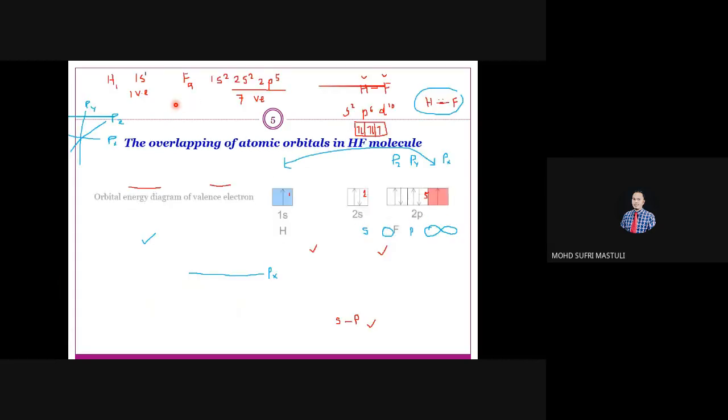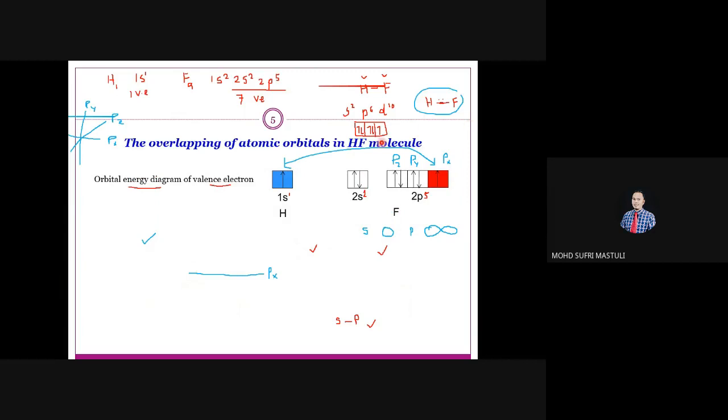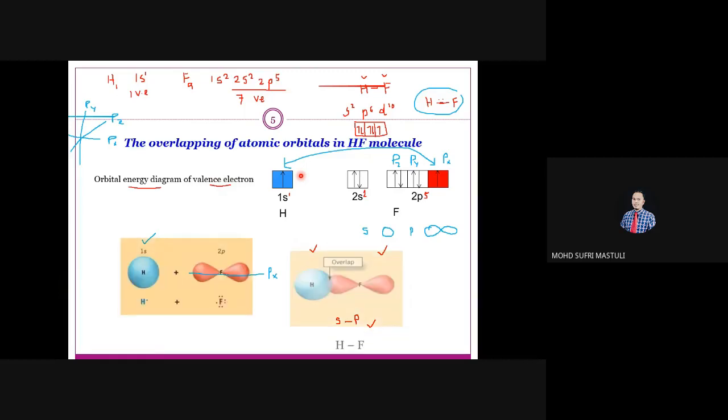Same goes for another example, hydrogen fluoride. We draw the energy diagram of valence electrons, and then after that we can tell which orbital is single and involved in the formation of the chemical bond. So in order to form hydrogen chloride, it should be the overlapping of the s orbital, the round shape, with the px orbital, with the dumbbell or chromosome shape.